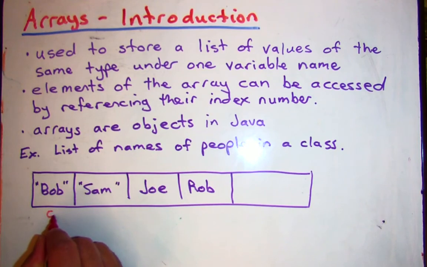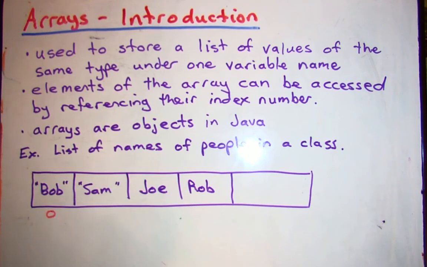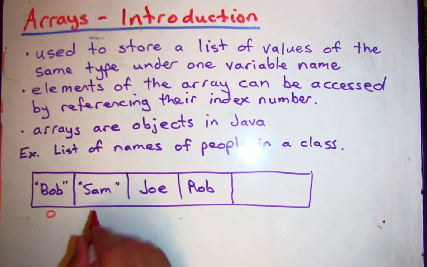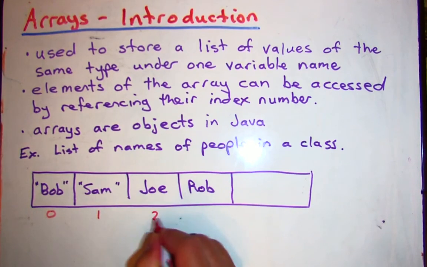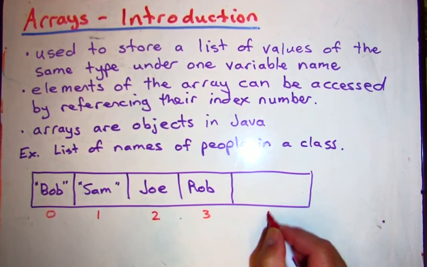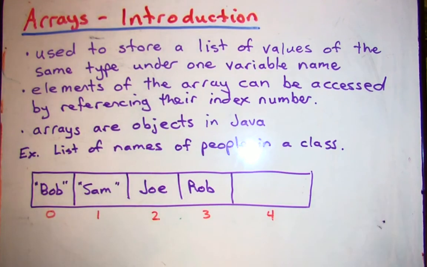Programmers love to start counting from 0 because it's a valid number and you don't want to waste numbers. So let's start with index 0 for the first thing, and 1 and 2 and 3 and 4. This is a bit tricky at first and you've got to get used to it, but once you get used to counting starting from 0, it's no problem.